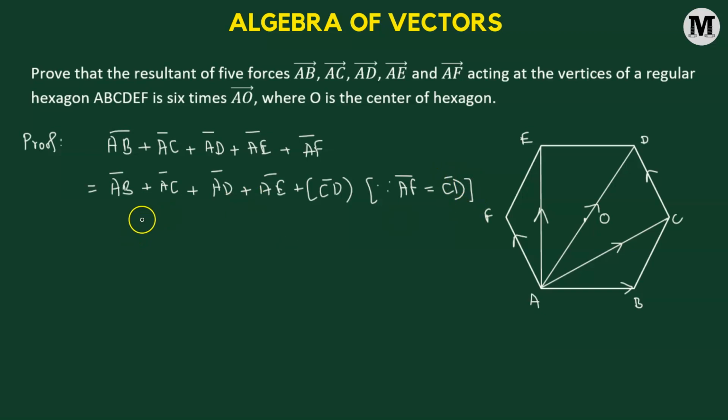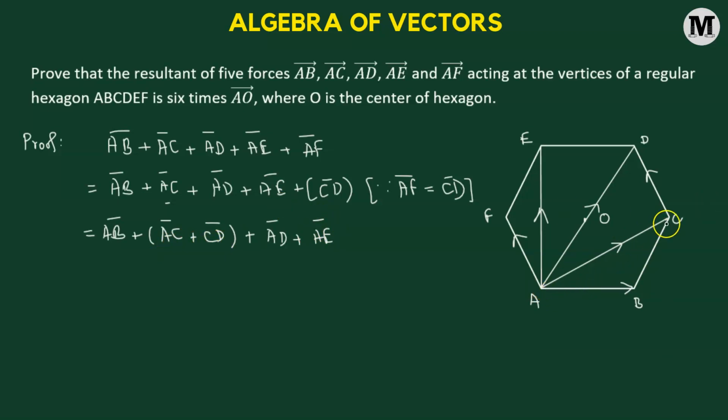Fine. The reason why we did this is that now we'll be combining AC vector with CD vector. So we write it as AB vector added to AC vector plus CD vector, and the remaining vectors AD vector plus AE vector. So here, what is the vector AC when it's added to the vector CD?